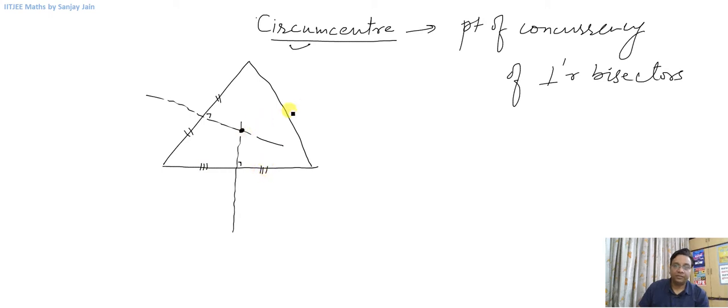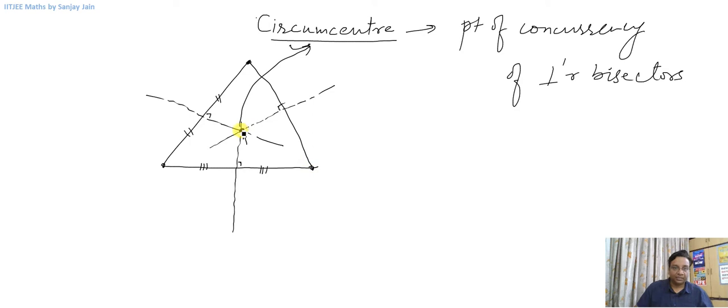And obviously the perpendicular bisector of this third side will also pass through this point, which is known as the circumcenter, right? So the point of concurrency of the perpendicular bisectors of the three sides of a triangle is known as its circumcenter.